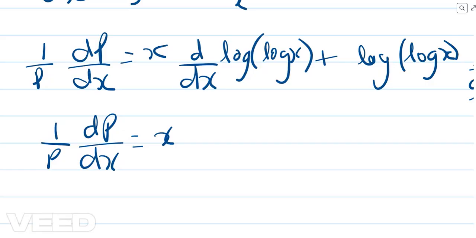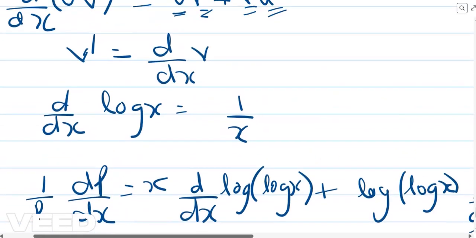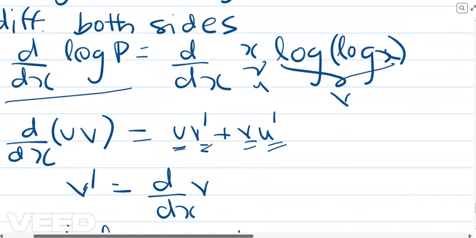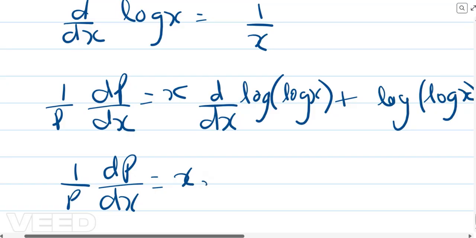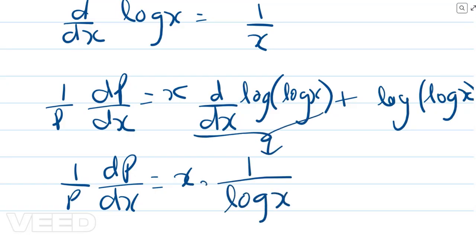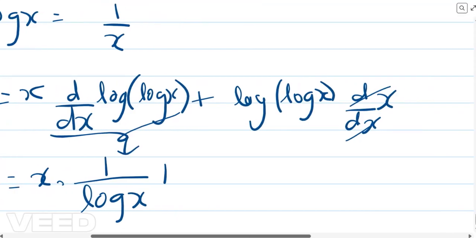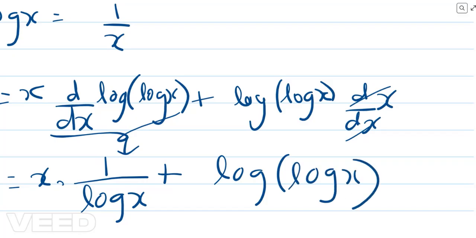As we've seen, the derivative of log x is 1 by x. In upcoming videos, we'll be seeing x as a function, such as sine x and other terms. So we'll be writing this as 1 by log x. This will become 1 by log x plus log of log x.